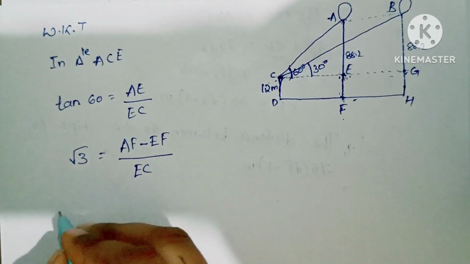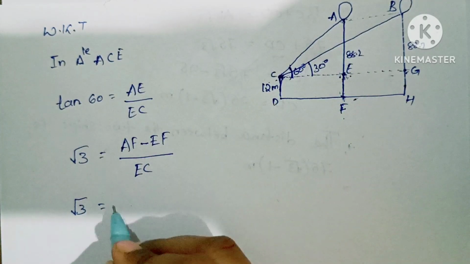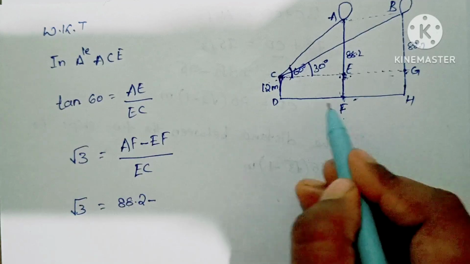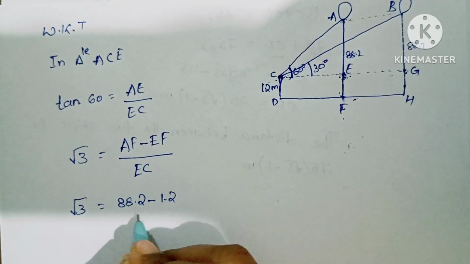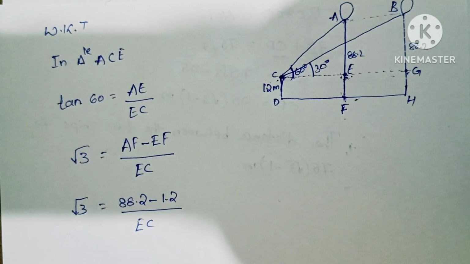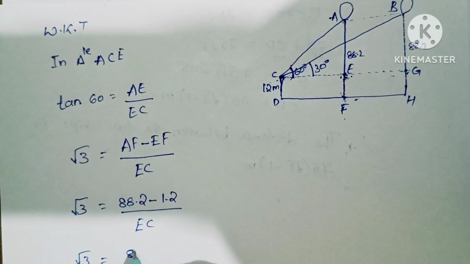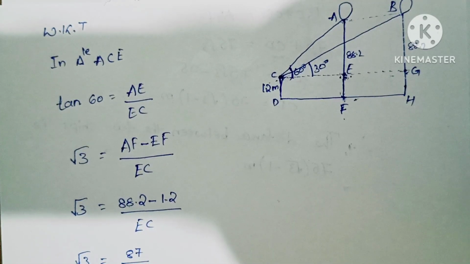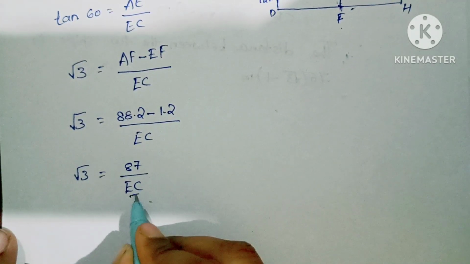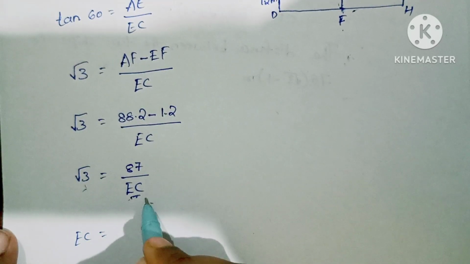So next, root 3 equals AF, which is 88.2, minus EF, which is 1.2, by EC. So root 3 equals 88.2 minus 1.2, that is 87, by EC. Next you want EC here. Transpose EC to the left side and root 3 to the right side.